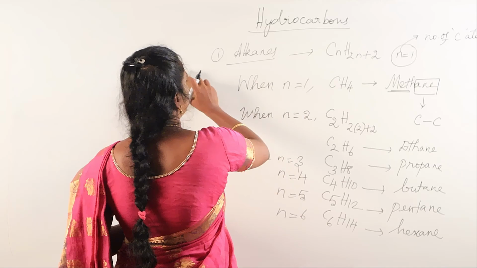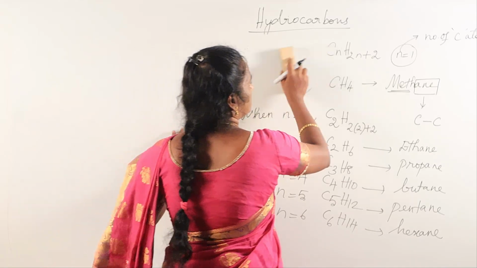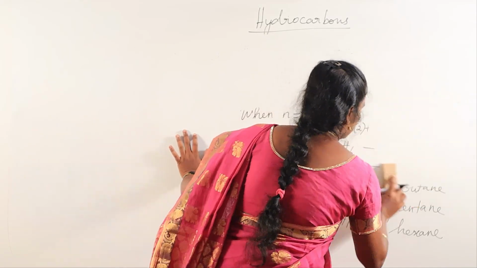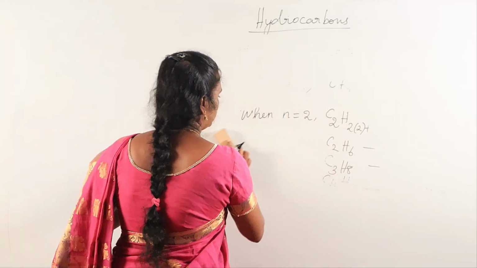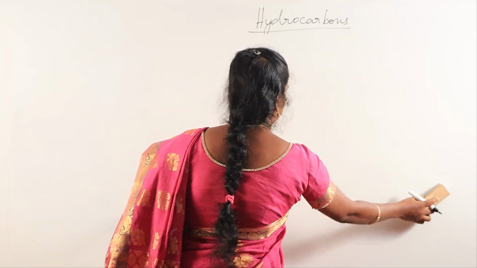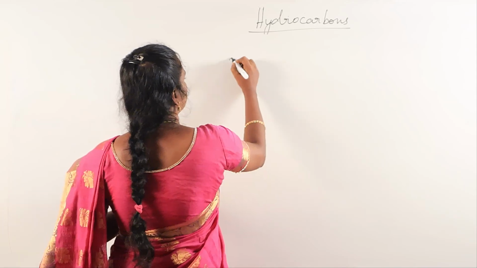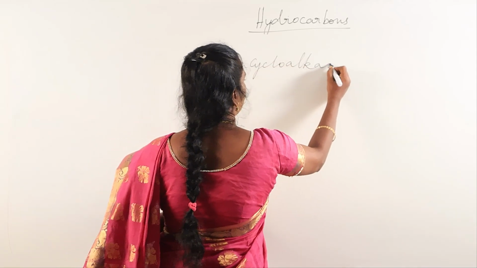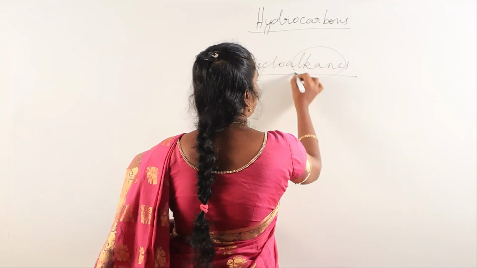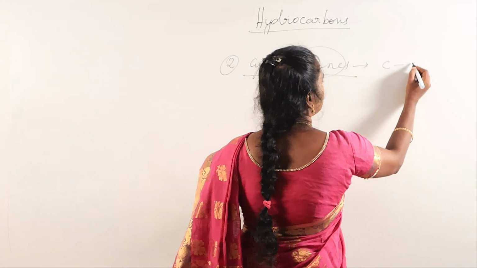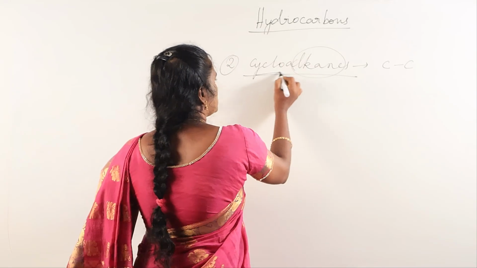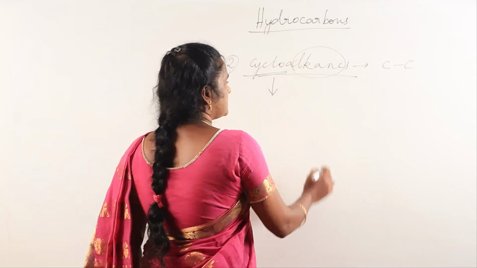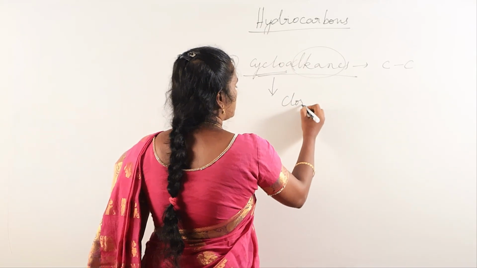Next one, cycloalkanes. Alkane means carbon-carbon single bond. Cyclo means it has a closed ring structure.